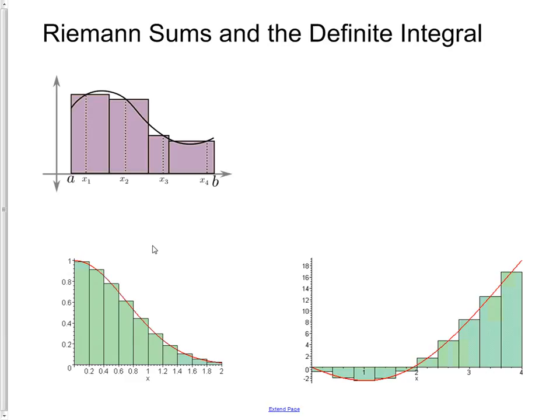We can make those rectangles any other widths, but the point is that the largest of those delta x's would have to go to 0. We want to make sure that that tends to 0 if we're going to set this up as a limit. So we want to set up a situation in which that's the case.